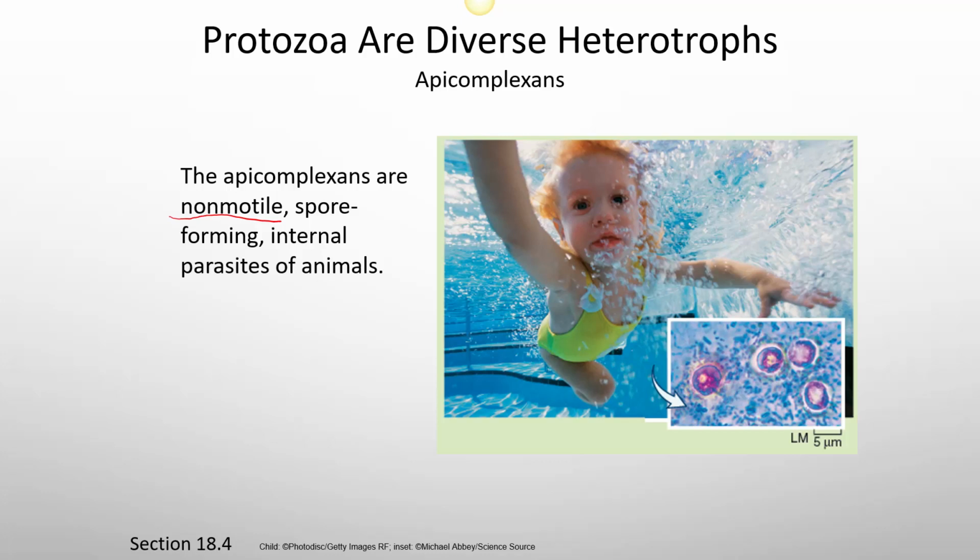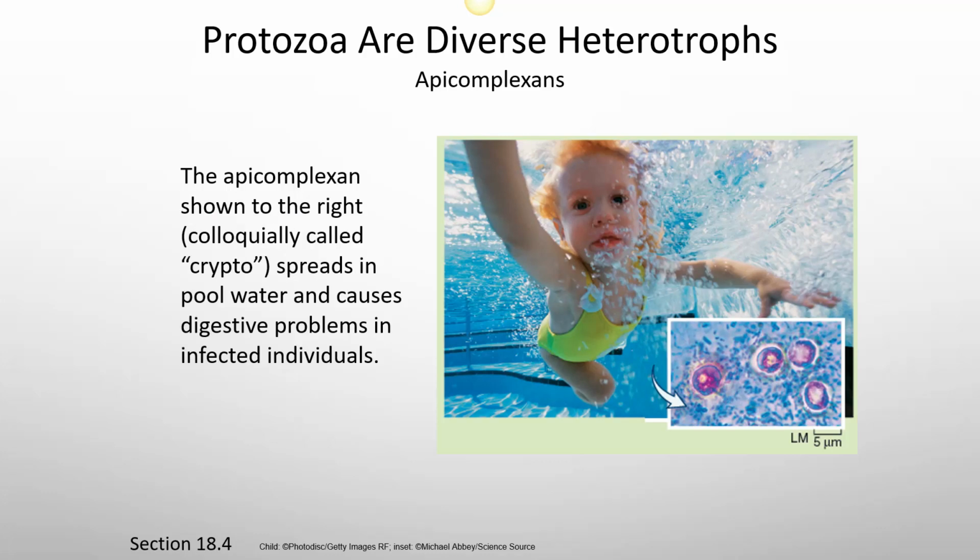Most outbreaks are due to water from water treatment plants where the spores happen to pass through the water supply, or through public swimming sources like pools. So again, the apicomplexan shown to the right, colloquially called Cryptosporidium, spreads in pool water and causes digestive problems in infected individuals.